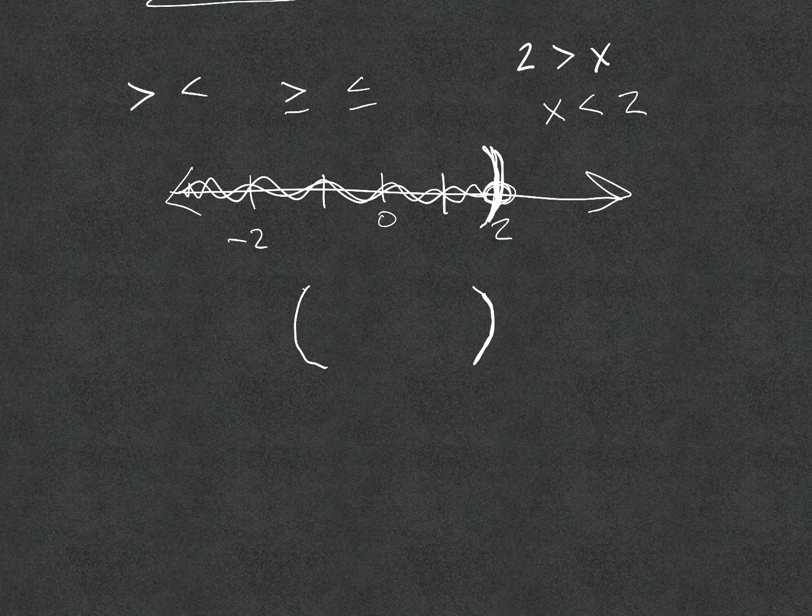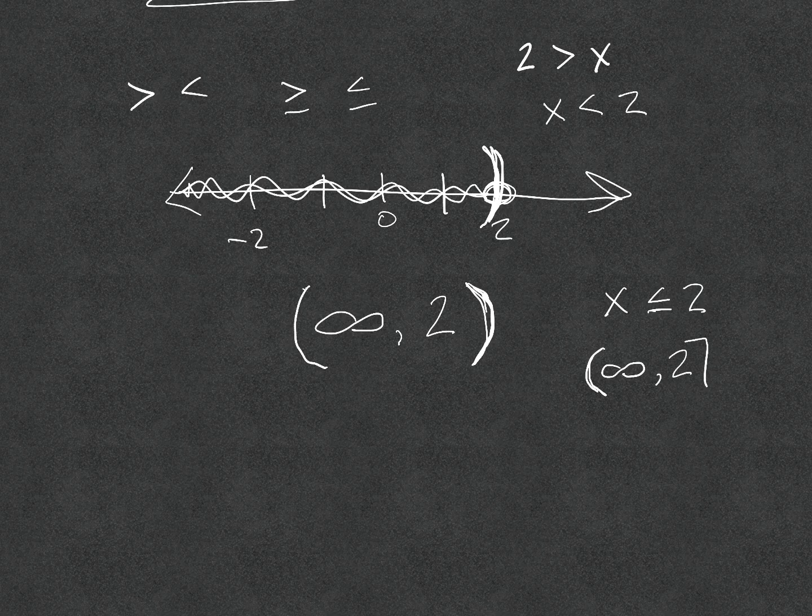And infinity, it goes to infinity, right? There's no stopping point. So infinity, and I use a comma, and it doesn't include the 2. And this parenthesis tells me it doesn't include the 2. Had the symbol looked like this, then that would be infinity. Anytime there's an infinity, it's always a parenthesis because infinity is not a specific number that we can include. Then we have the 2 and the bracket. So that's the difference between the notation with these 2.